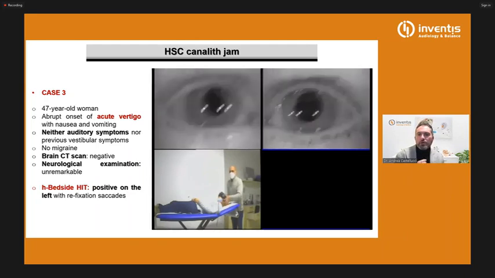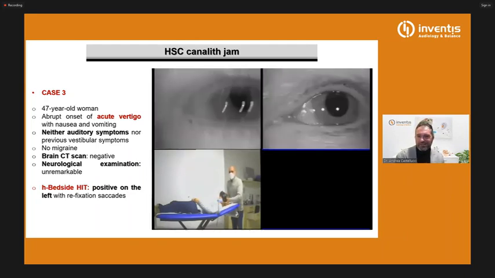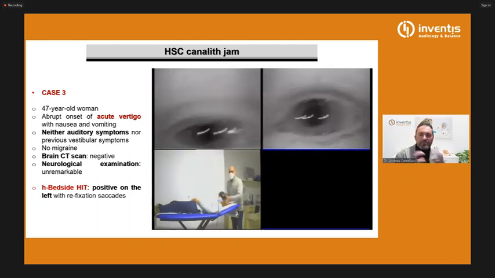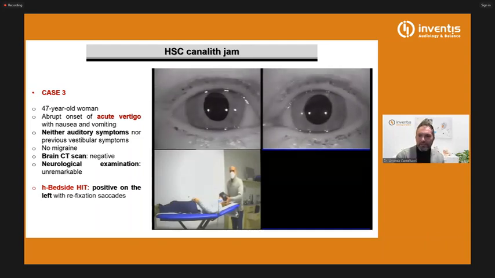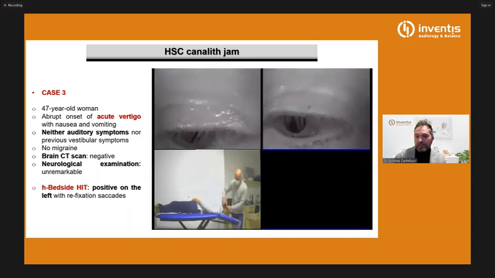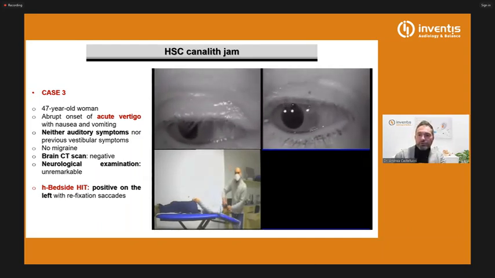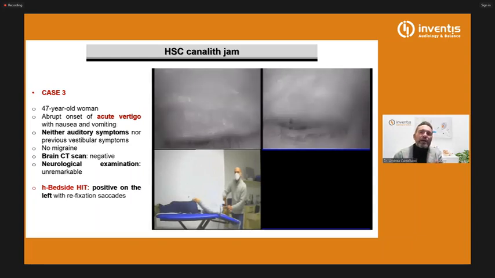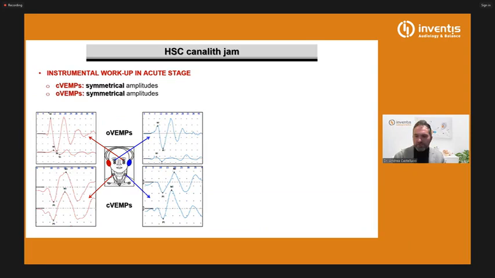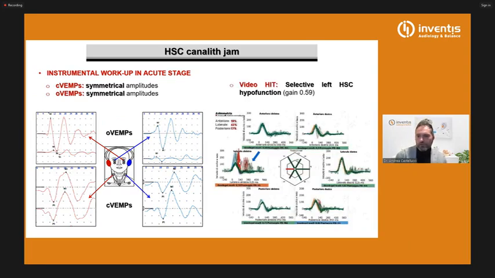He tries to disrupt this clot, but actually nothing happens because there is still a spontaneous nystagmus that goes toward the left side. He also used the mastoid vibration, but actually this is what we have in our hands to try to treat the patients. Of course, ocular VEMPs and cervical VEMPs were symmetrical, and there was a selective lesion of the left horizontal canal, of the left horizontal canal.